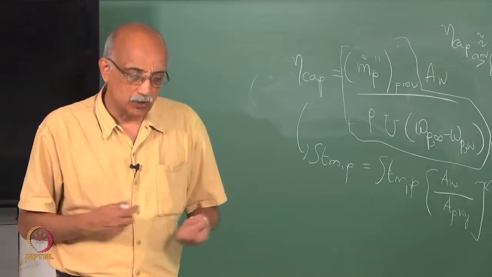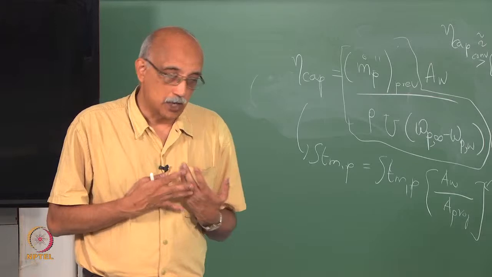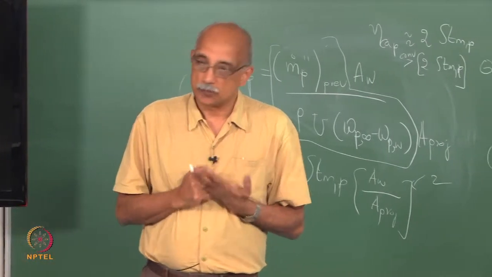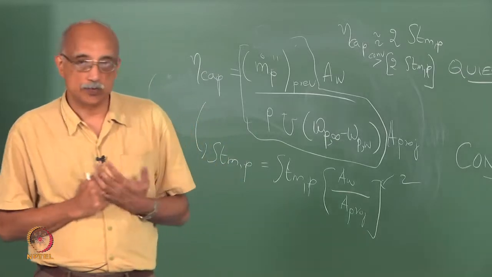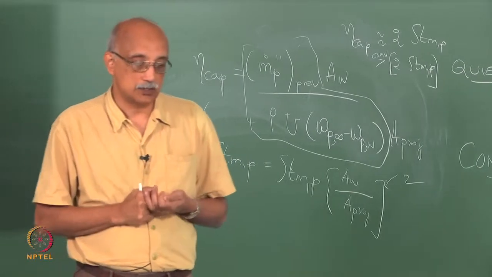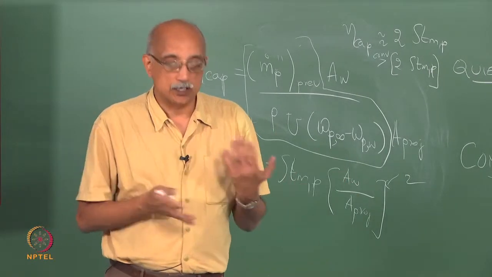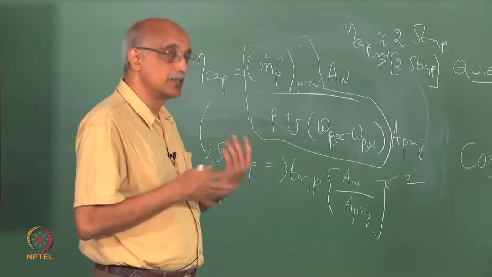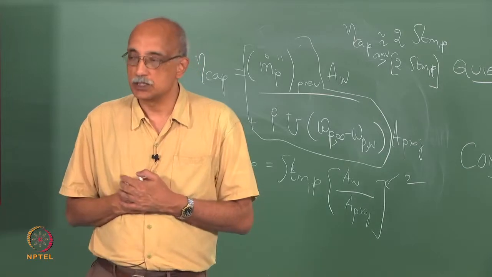And finally, we talked about other non-dimensional parameters that are used to characterize particle mass transport in flow situations and in quiescent situations, in particular the Nusselt number and the Stanton number for mass transfer, and the relationship to capture efficiency.